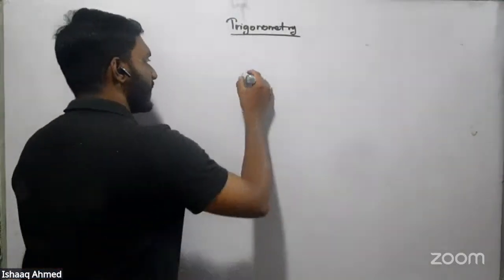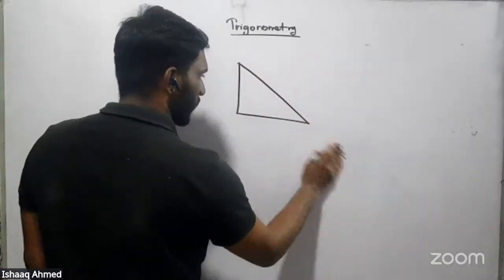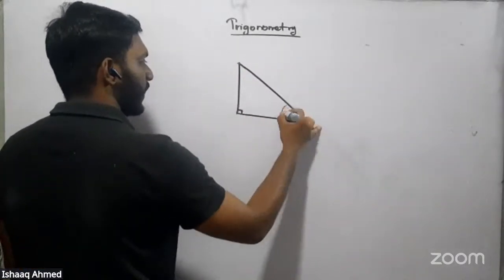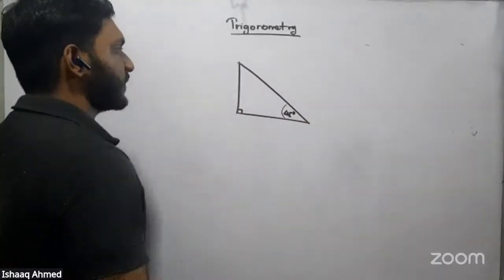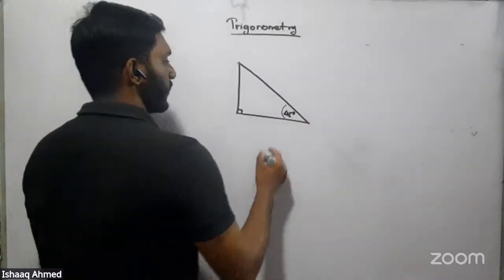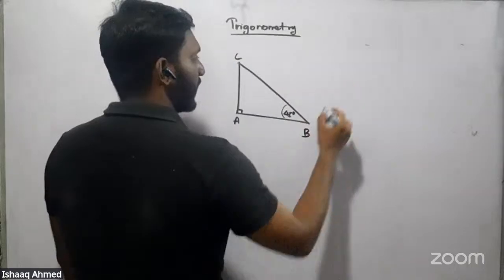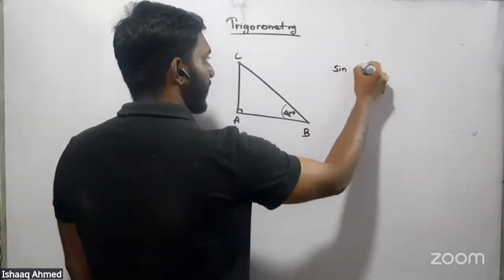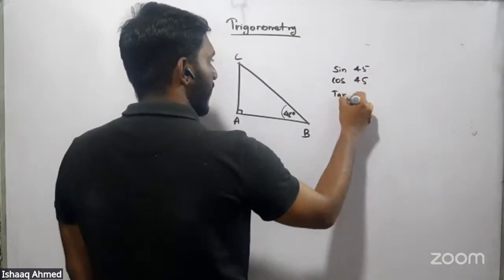If you take this triangle, say this is 90 and this is say 45 degrees, and let's say this is A, B, C. Now tell me sine 45, cos 45, tan 45.